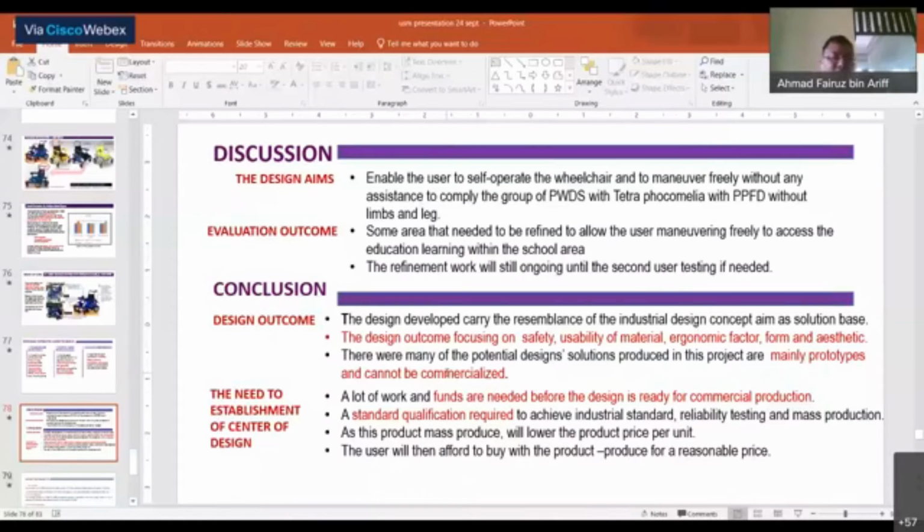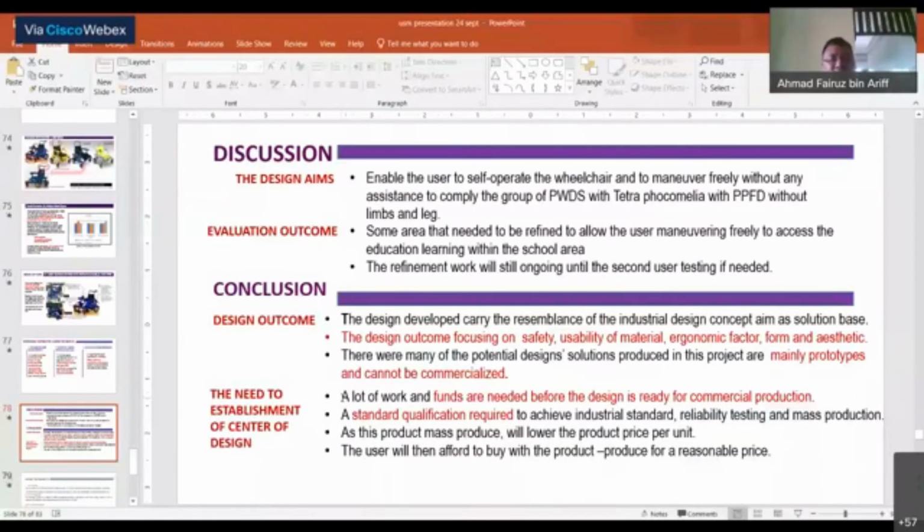Okay, so this is the dilemma of industrial designers because they produce only prototypes, and then it cannot be produced. So the need is to establish a center of design.